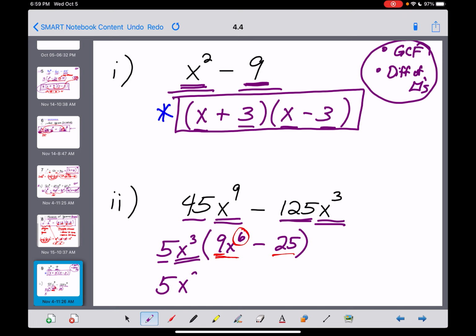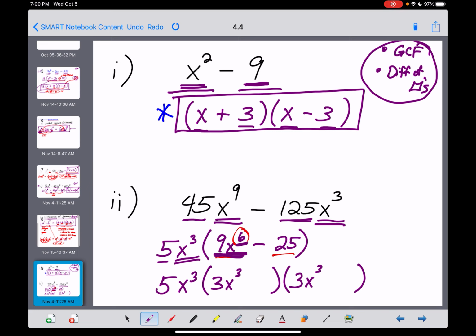We can keep the 5x cubed out in front, and we have a difference of squares binomial that we can factor. Okay, the square root of 9x to the 6th. We take the square root of 9, which is 3, and we write that here and here. And now here's the slightly tricky part. The square root of x to the 6th, you're just going to cut that exponent in half. So that's going to be x cubed that goes here and here.